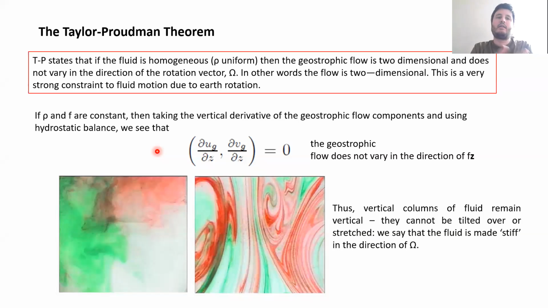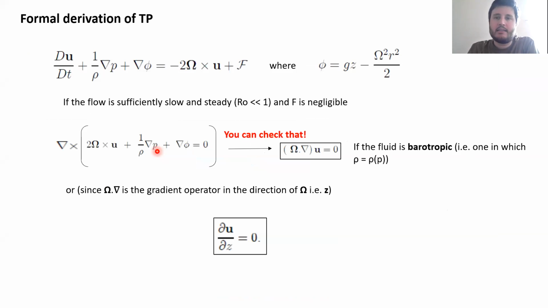We'll see that this is only possible if the density only changes with pressure. If the density of a fluid changes with temperature, as is the real case, then this is not true anymore. So, this is just a formal derivation.